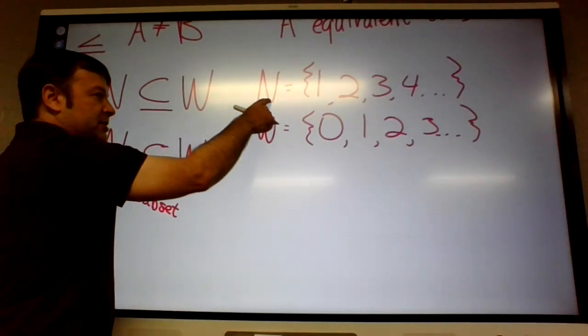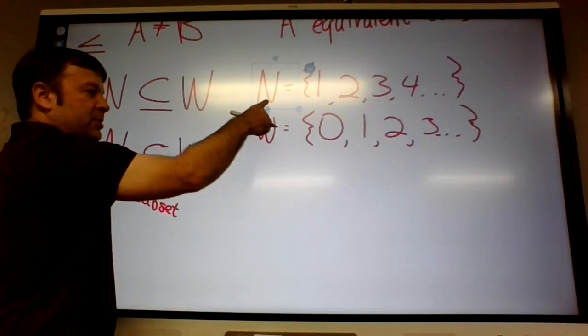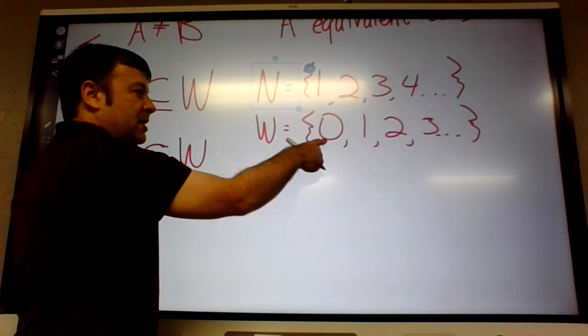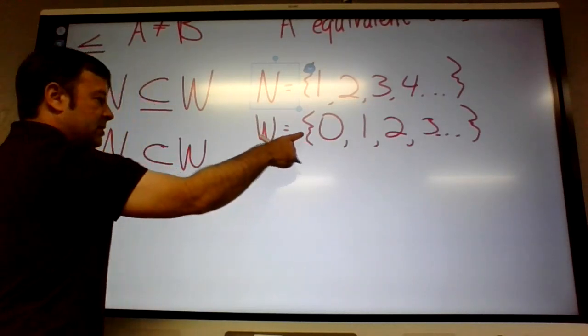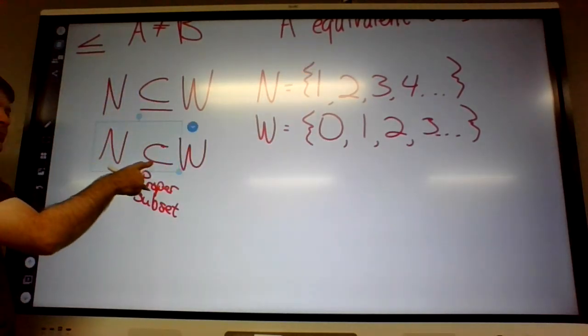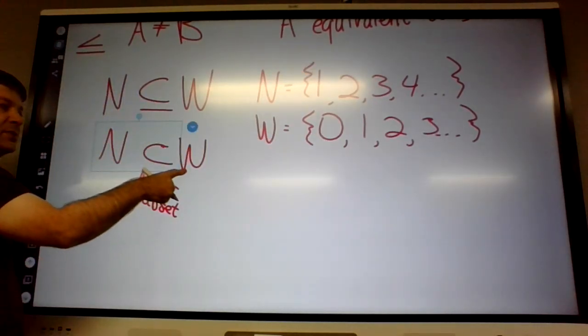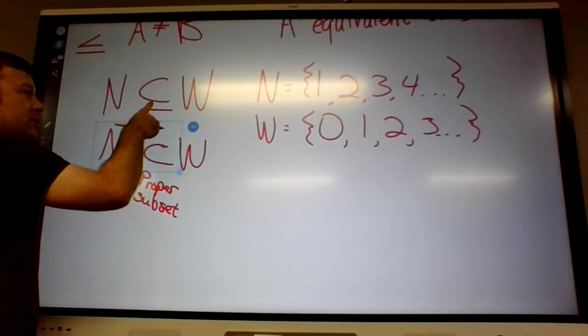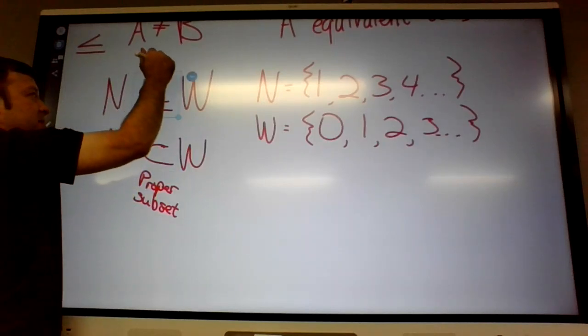The natural numbers set N is not equal to set W, the whole numbers, because N does not include 0. Therefore, N is a proper subset of the whole numbers, W. Does that make sense? No. Okay. So, subset, this is what this symbol means.